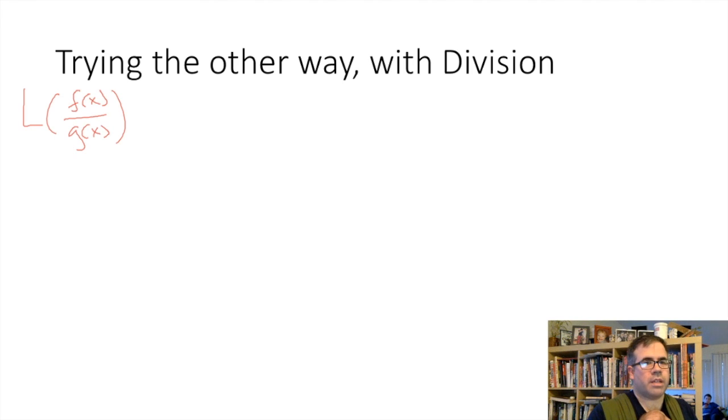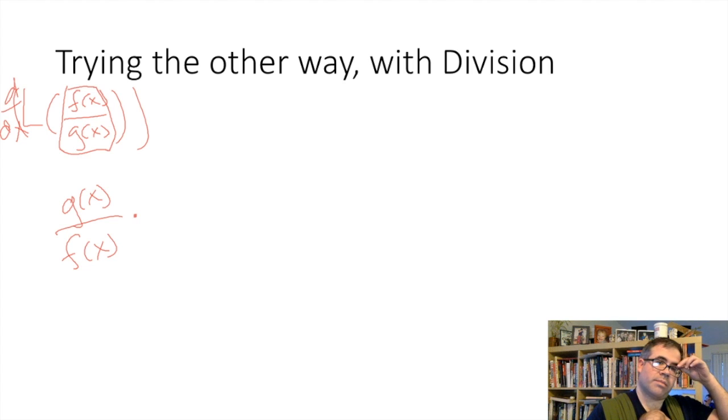So taking the derivative, that gets us to 1 over that, or 1 over this fraction, which we're just going to flip. So that's going to be g of x over f of x. Now we're going to multiply that times the derivative of this, right? Well, we're going to have to use the quotient rule for that.